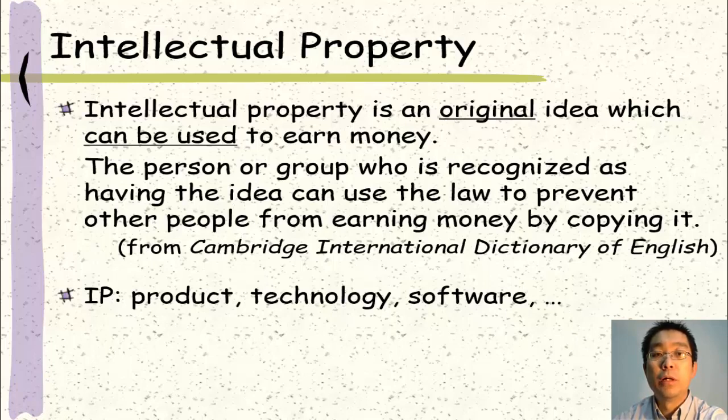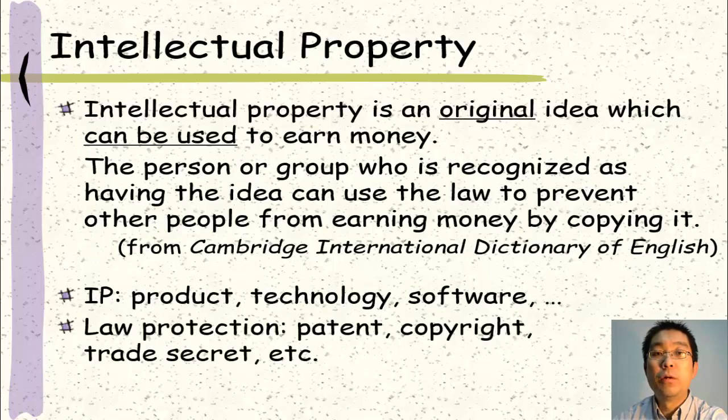Meanwhile, it also states that the person or group who is recognized as having the idea can use the law to prevent other people from earning money by copying it. This law enforcement includes patents, copyrights, trade secrets, and so on.